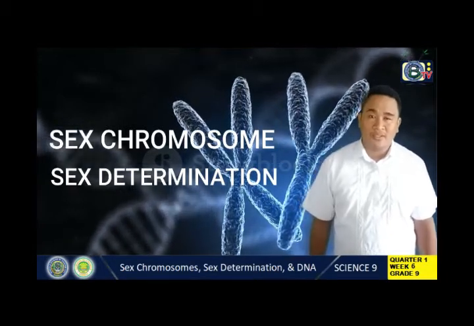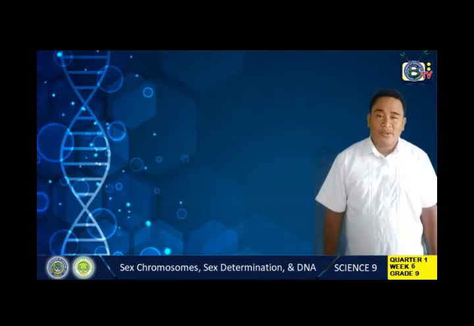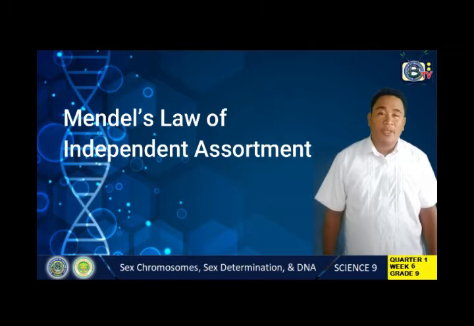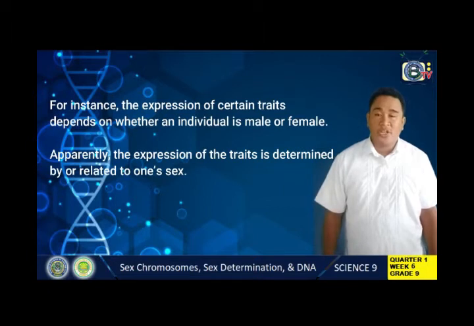The inheritance of traits does not strictly follow Mendel's law of independent assortment. But there are many characters that are inherited more frequently. For instance, the expression of certain traits depends on whether an individual is male or female.